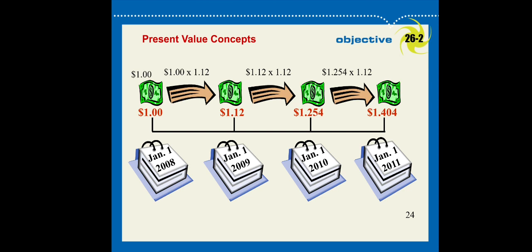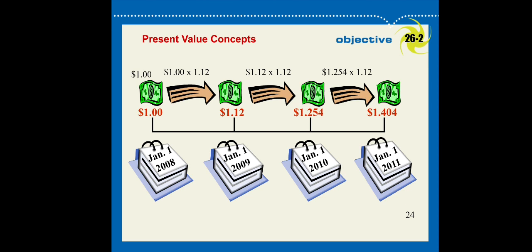The present value of something in the future is less. In this example, the future is 2011. In the future, the dollar is $1.40.4.